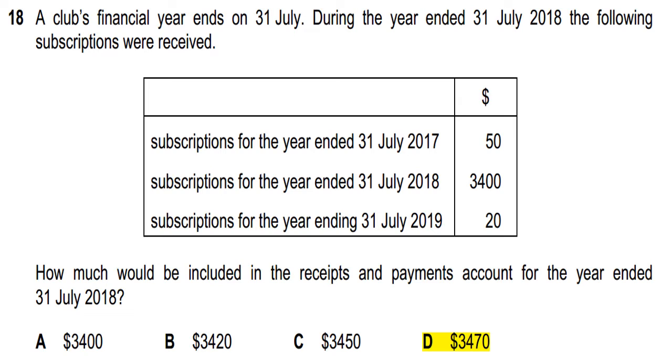He is not asking for income, he is only asking for receipts and payments. So our receipts are 3,470. It will be for 2017, 18 and 19. That will be adjusted in the income, and receipt will be 3,470, that is received in 2018.